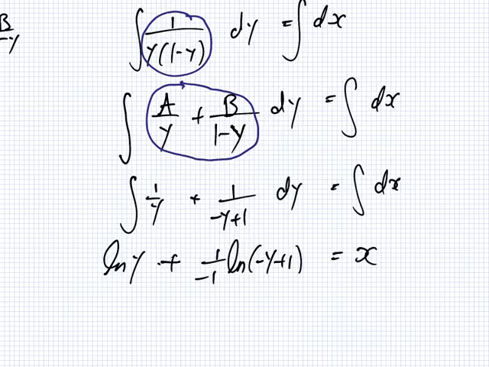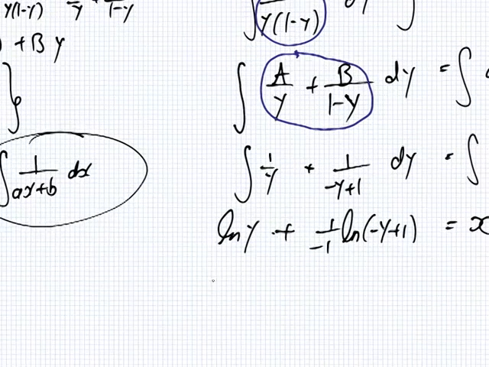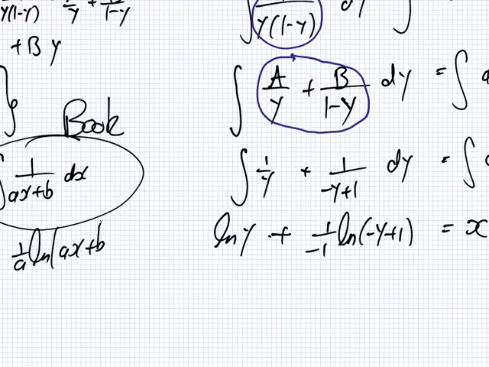Now when you minus, you divide. Yeah, it's in the formula book like this. In the book it says it's 1 over a log ax plus b.